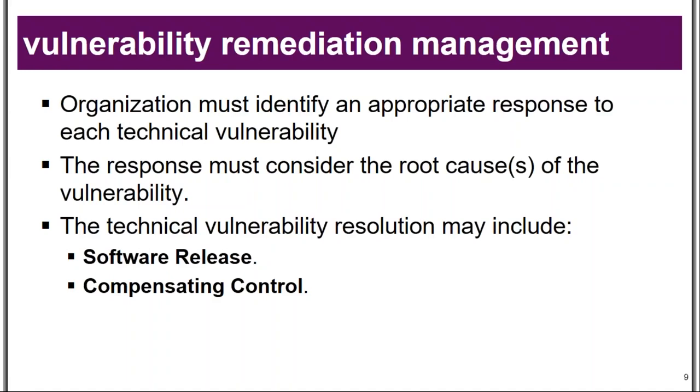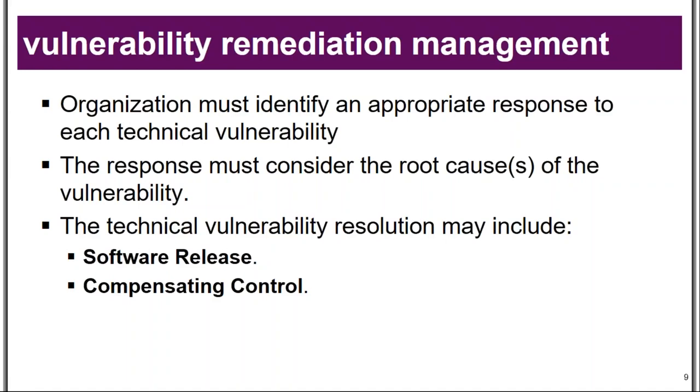And the second thing is a compensating control. If no software release is available, and it's going to happen sometimes, especially if it is a zero-day attack or something like that, to address your vulnerability or the situation you find yourself in, or if the deployment of that software release is determined to create an unacceptable risk for your organization, then you might have to use some type of alternative control.